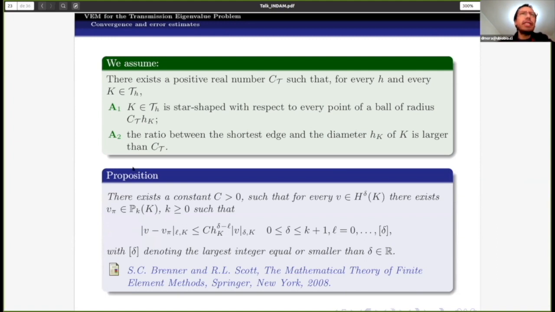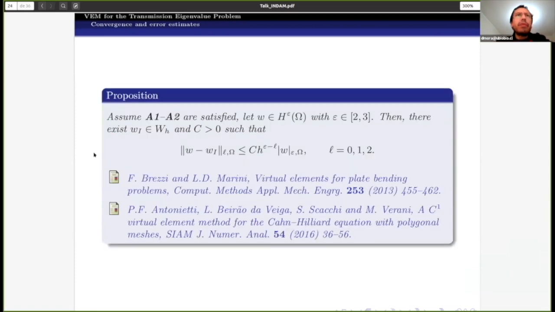As a consequence of this, we have the polynomial approximation in the proposition there, and it has been proved that we have an approximation in the virtual space for an interpolant in the virtual space. The proof can be seen in particular in this second reference for the space.